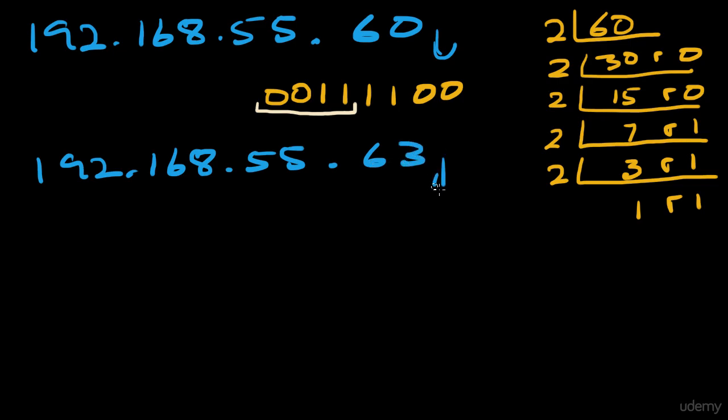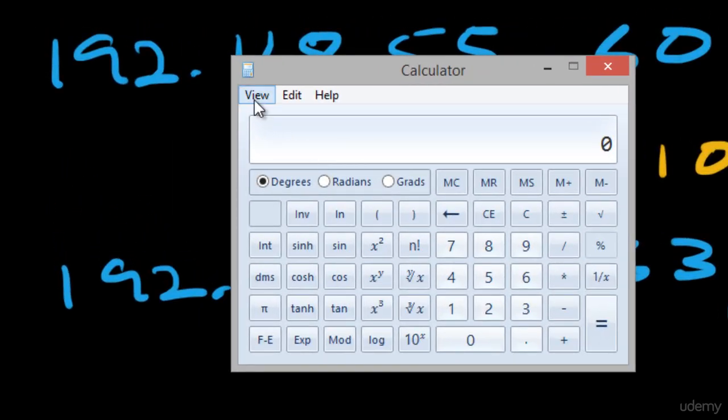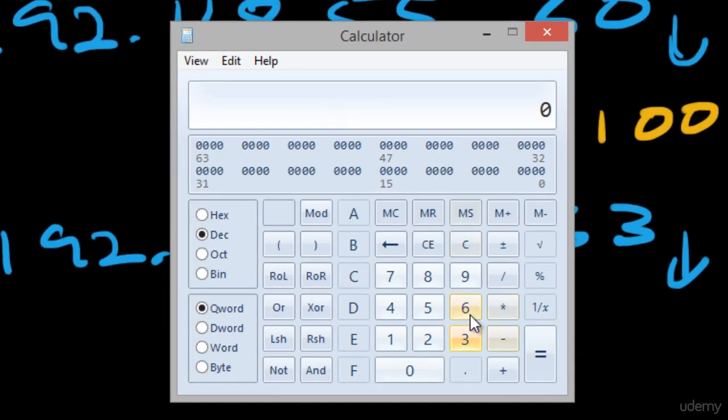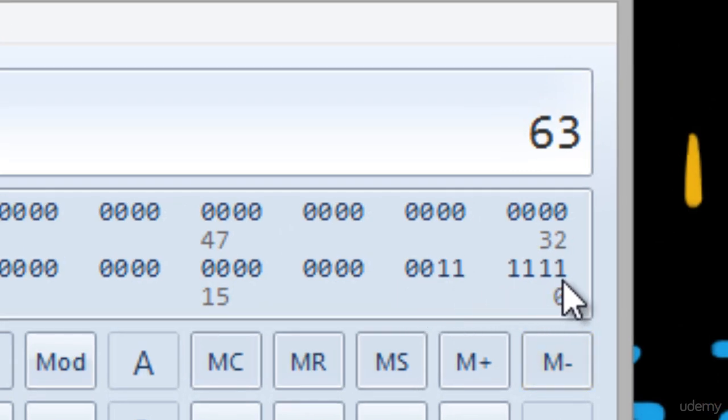192.168.55.63. What is 63 in binary? Again, I would have to divide this out if I don't have the benefit of a calculator. Now, I'll use a calculator at this point because I think you get the idea of what is required. In the calculator in Windows, I'll click on View, Programmer. I'll punch in 63, and right here we see the value of 63 in binary. It is 2 zeros and 6 ones.